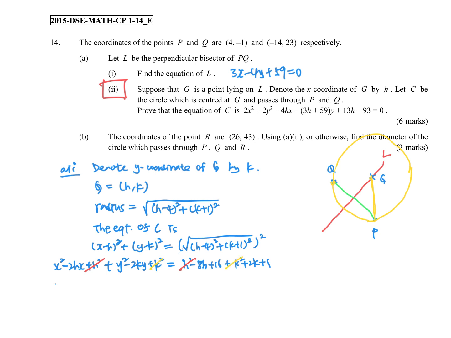And then we have x squared plus y squared, minus 2hx, minus 2ky, and then the constant term plus h squared, plus 2k, minus 17.